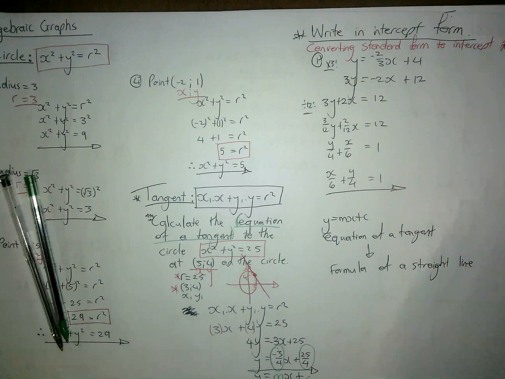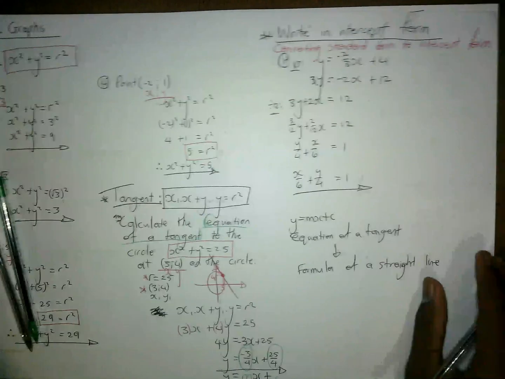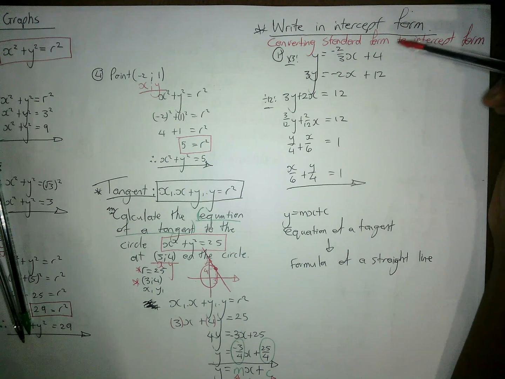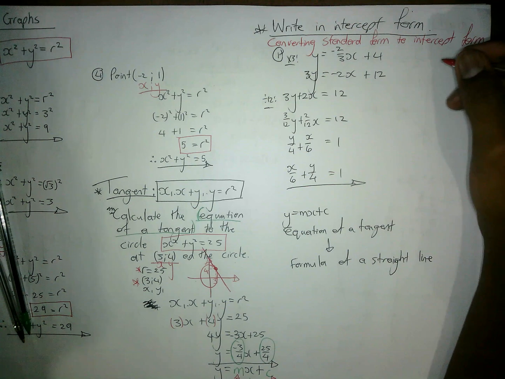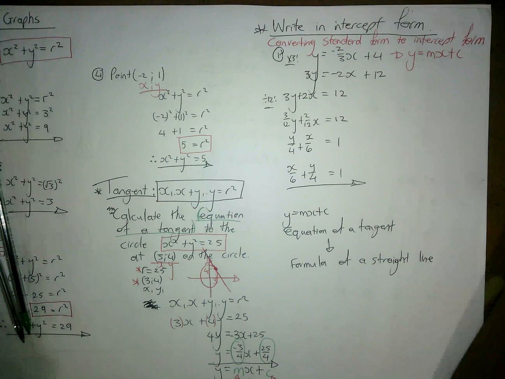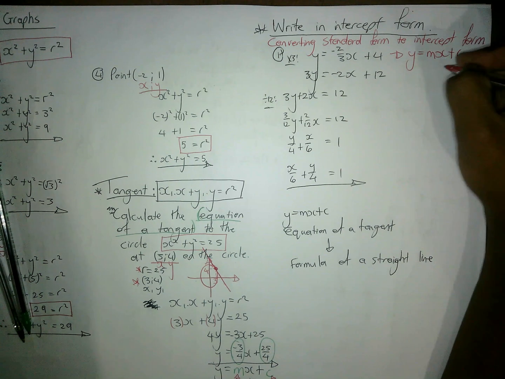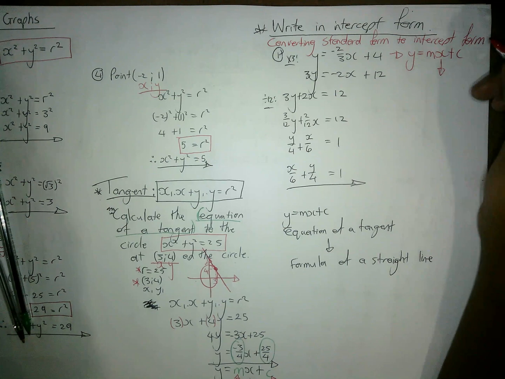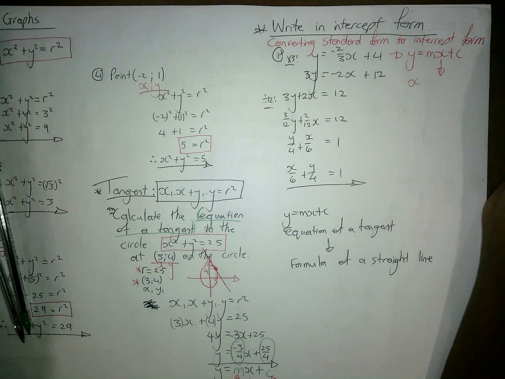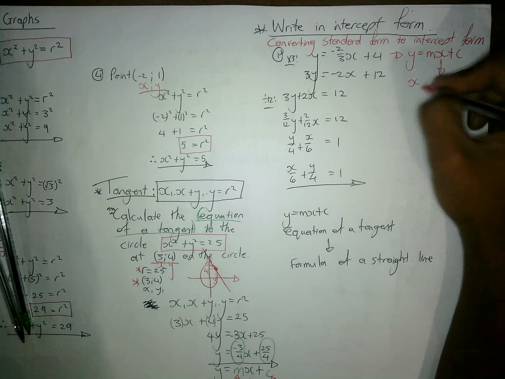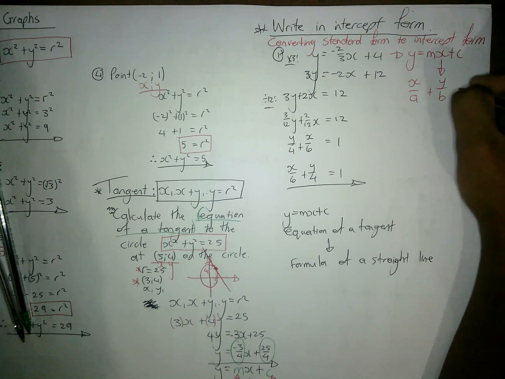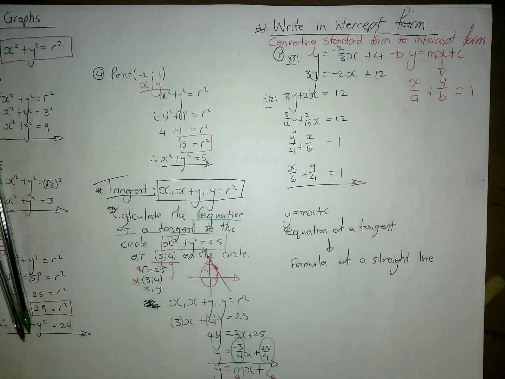Converting from standard form, being our y equals mx plus c. From that form, we must have x over something plus y over something equals 1, the intercept form.